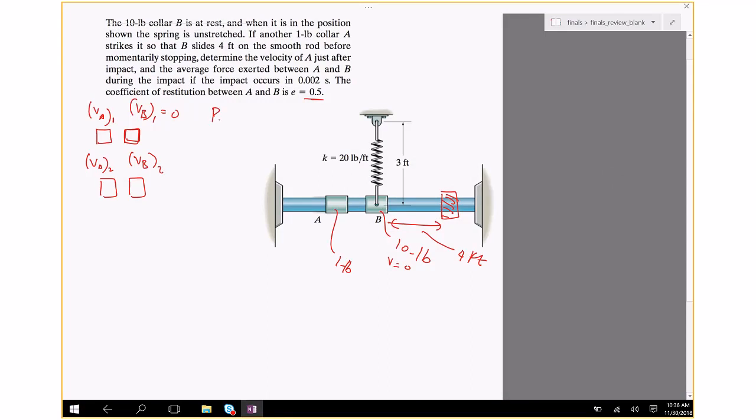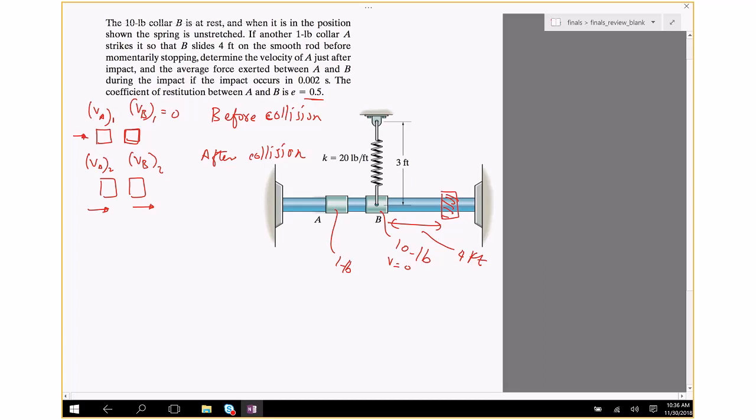Before collision, after collision, I'm just going to put the right side to be the positive direction, so I can just assume that, and then the math will basically give me positive or negative.